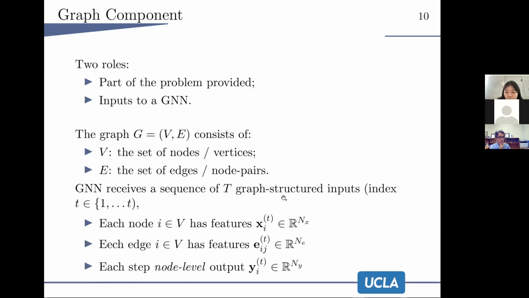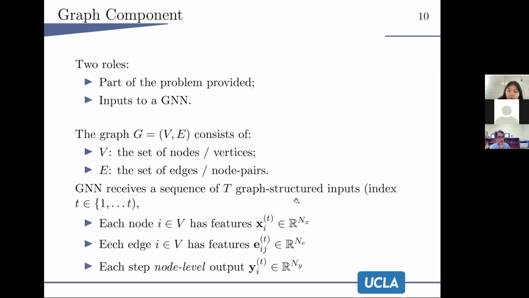This is a sequence of the graph-structured inputs because traditionally the algorithms that we run on graphs involve a lot of steps. And so the sequence is the steps of that algorithm. So each of these graph-structured inputs are not independent separate graphs? They are not independent, they are dependent. They are part of a large gigantic graph. How are they dependent?